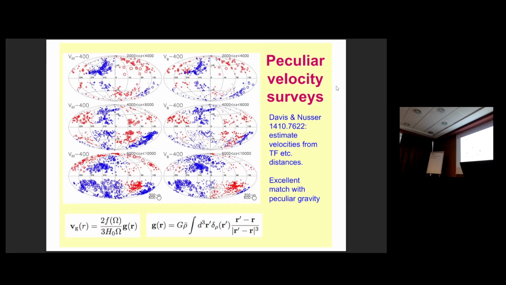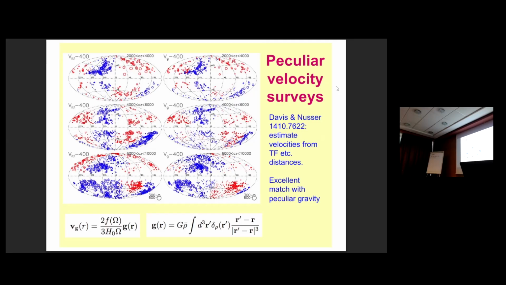This is the velocity field in different redshift shells, going out to radial velocities of 10,000 kilometers a second. And on the right is the prediction of the same quantity from redshift surveys that cover that same region of space. So you just look at the density fluctuations, infer from those fluctuations what the peculiar gravity is, and the velocity points in the same direction.